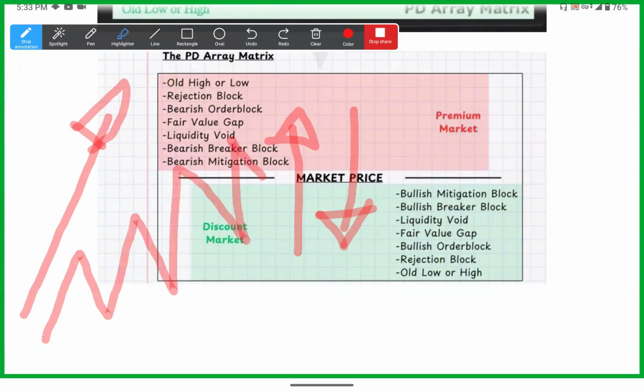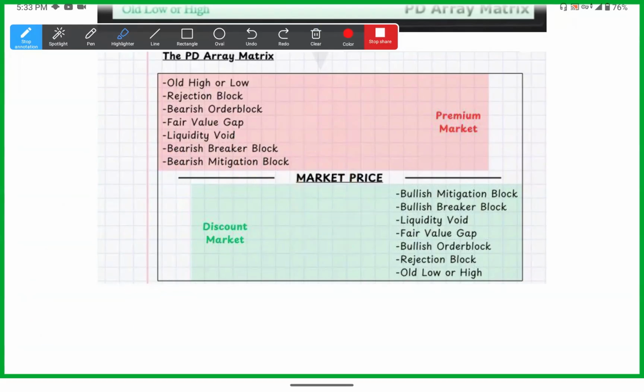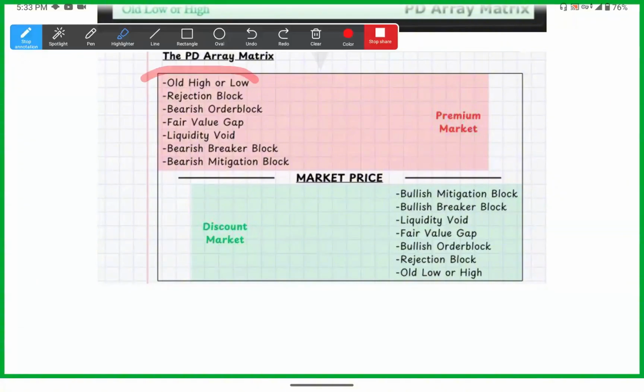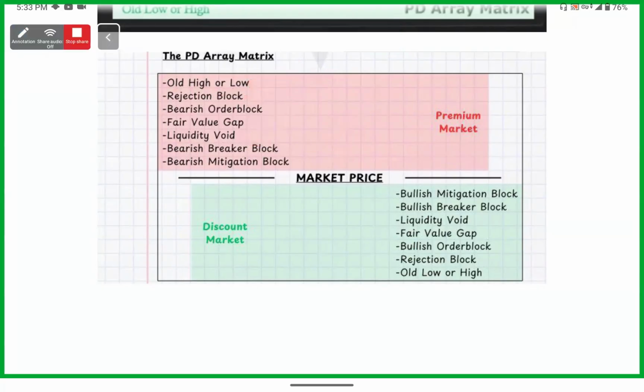So these are what we call premium, discount, premium, discount. You get? Price is always moving from these levels to these levels, and in each and every one of these levels, we have key points. That's what we call old highs, rejection blocks, order blocks, fair value gap, liquidity void, breaker blocks, and mitigation blocks. We shall be tackling this in more depth.